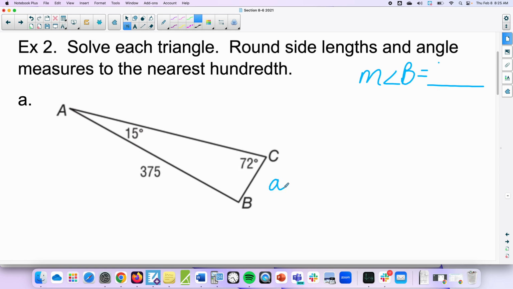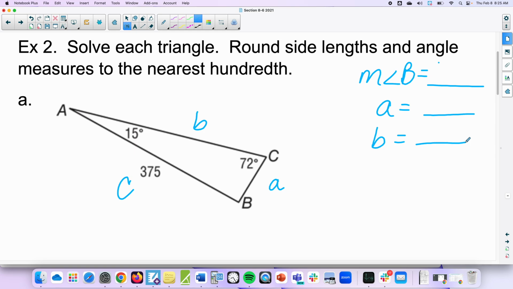This is angle B, this is little b. And if this is angle C, this is little c, okay? So A is something I need to find, and little b is something I need to find.